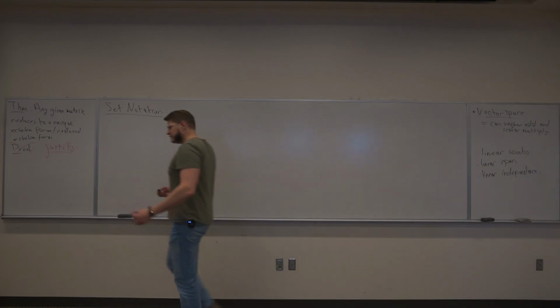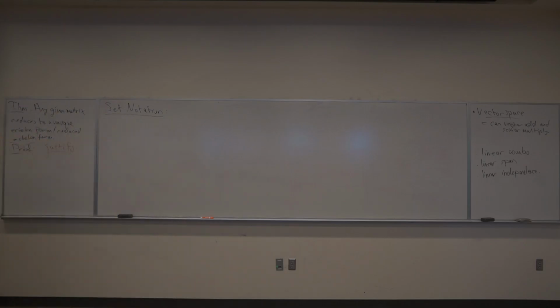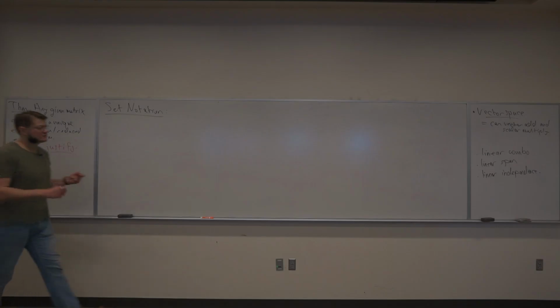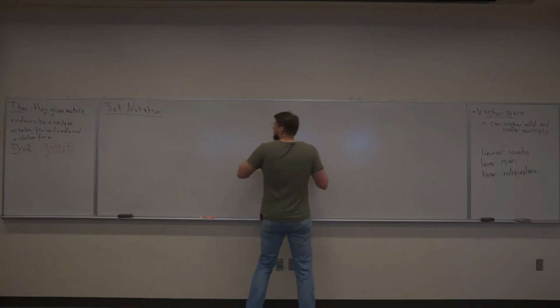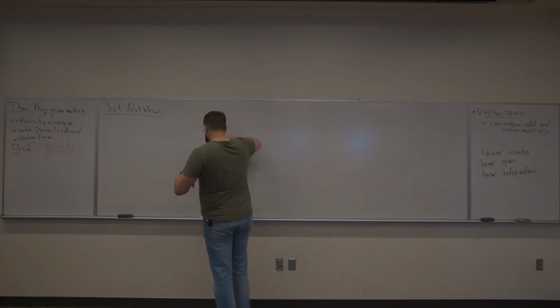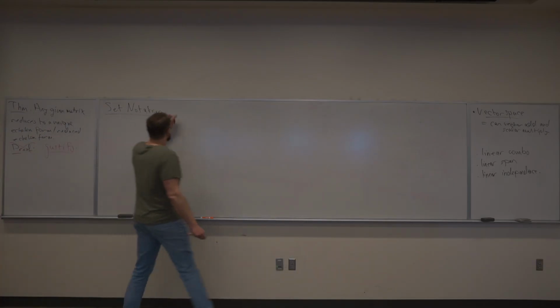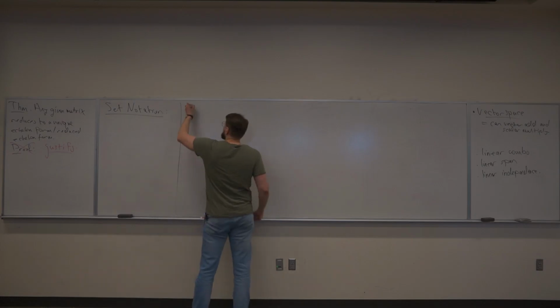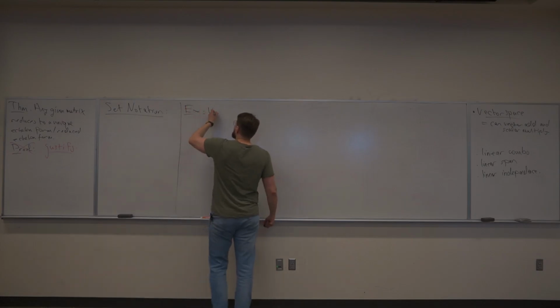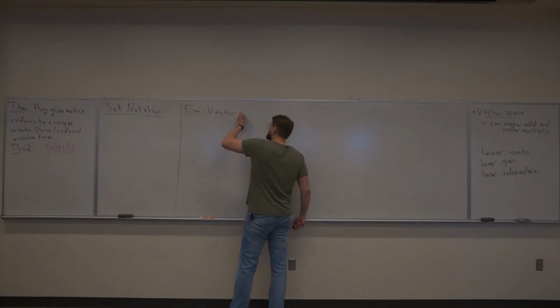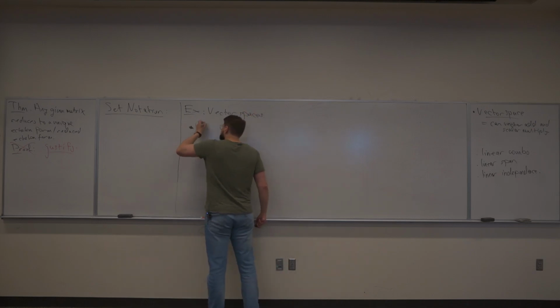And if you need an instantiation of a vector space, when people are talking about vectors, the first thing you should think of is Rn. I'll write it here. Rn is the first example.